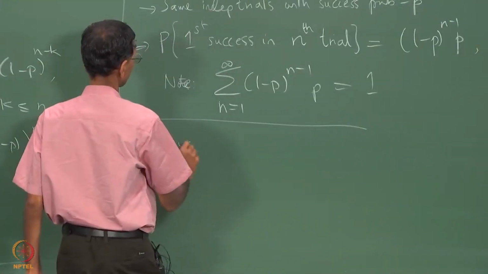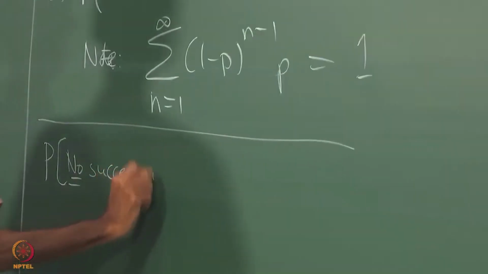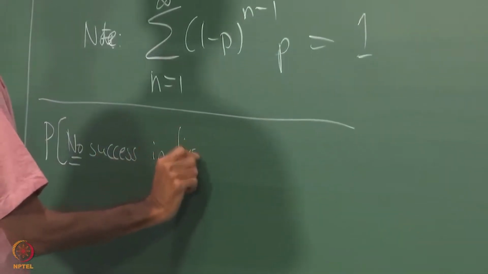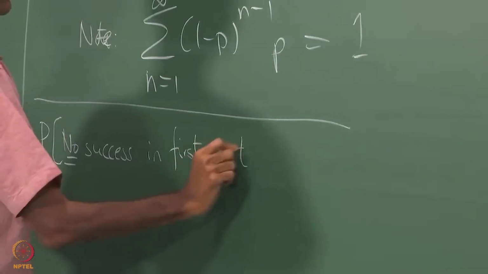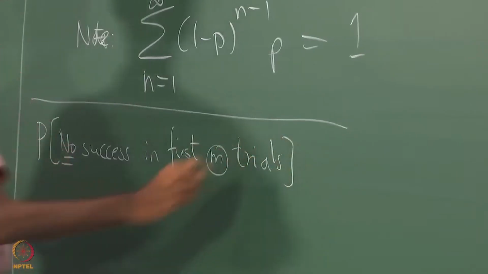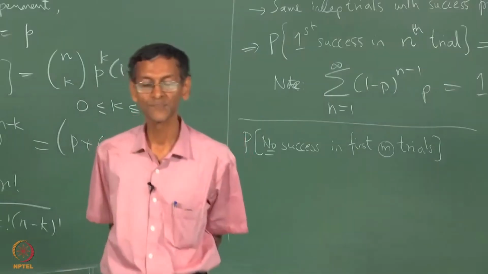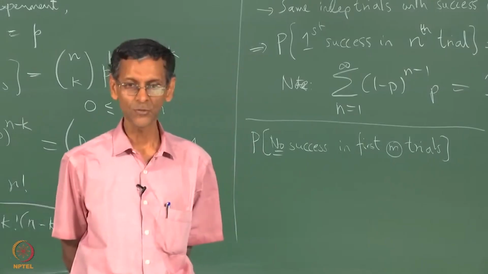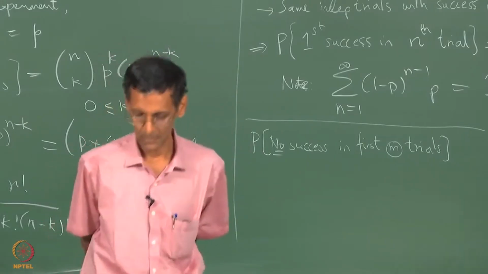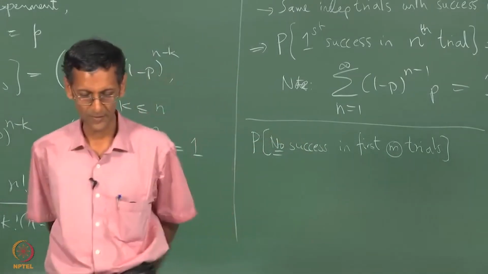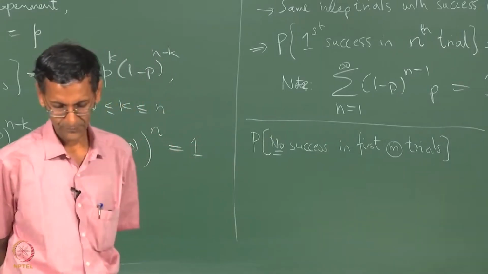So you can calculate this according to both models, and what should you get? (1 minus p) to the power m. I put m here, I don't know why I want to keep reusing n.